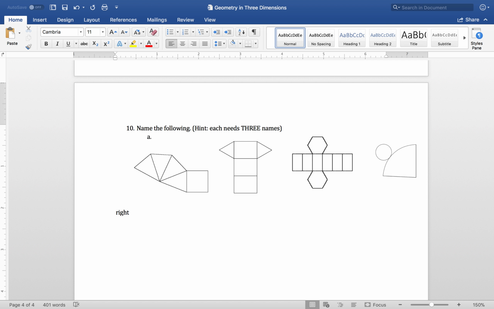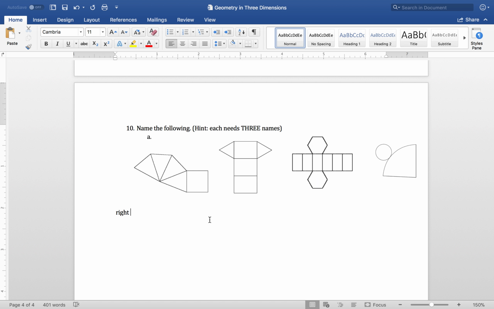Now, if it's a prism, you're going to have two bases that look the same. So we look at this second one. They're my two bases. They go together. My bases on this third one go together. And bases have to come in pairs of two. There can only be two. There can't be more than that. So this first guy doesn't have a group of two. They've got four of these and only one of those. That means it's a pyramid.